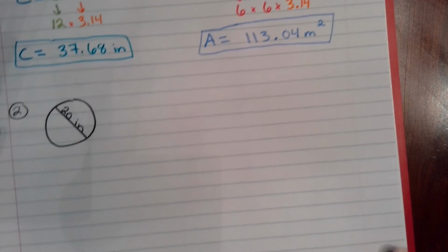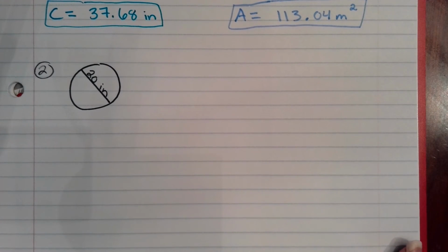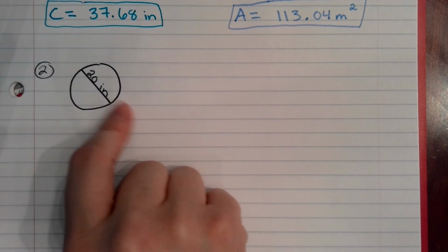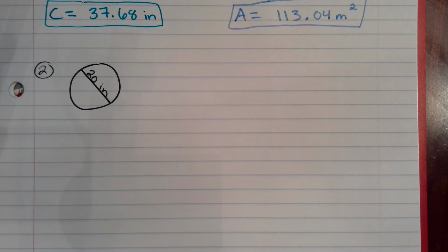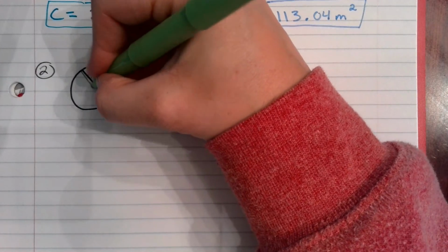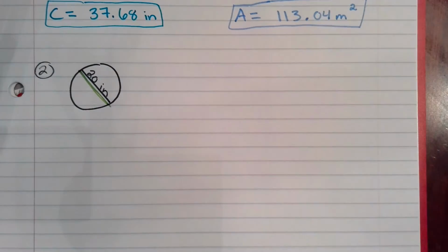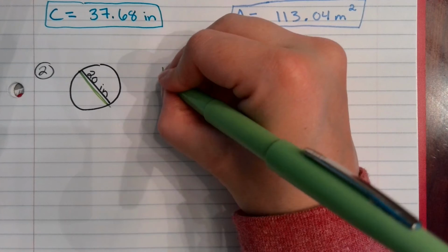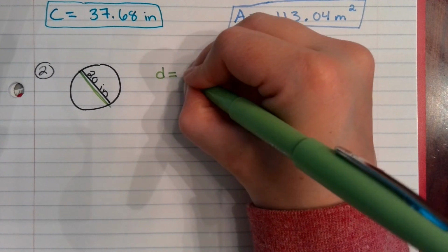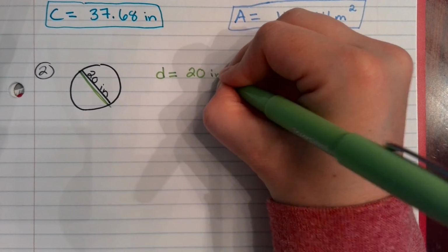All right, 20 inches. And again, I want to know what's the circumference and the area. So the first thing I want to know is what item has been given to me. So this measurement is the diameter. So I know that the diameter is equal to 20 inches.